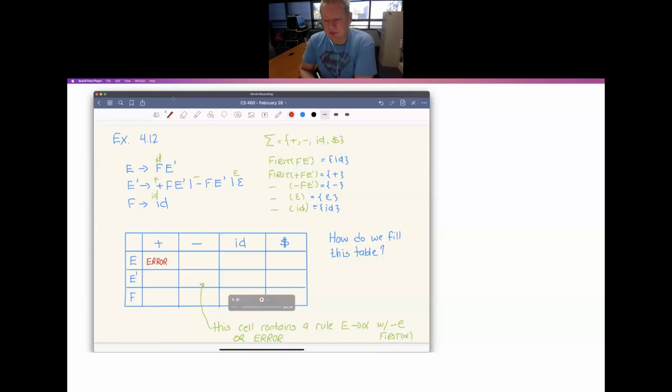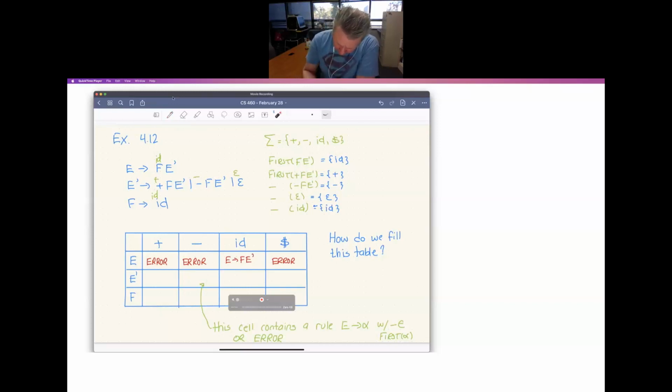Well, this one is fairly easy to fill in, right? Because ID is the only element of the first set of the lone right-hand side that we have. So we know that if we can spell error, we can fill that in. And then since ID is in the first set of FE prime, that's the one we'll do there. Now what about E prime?